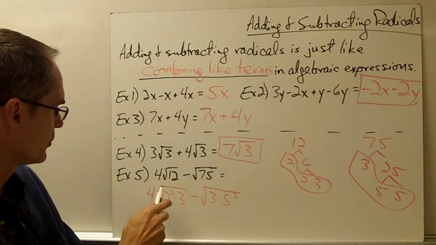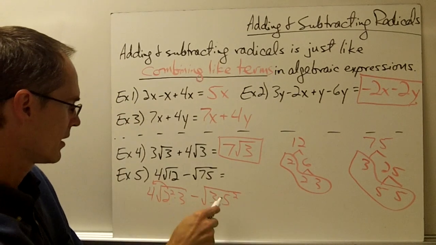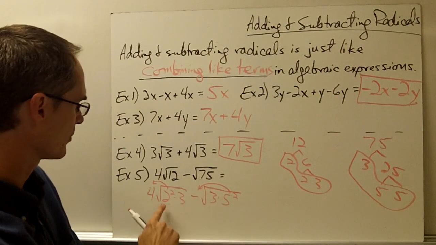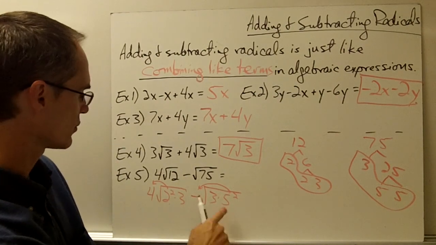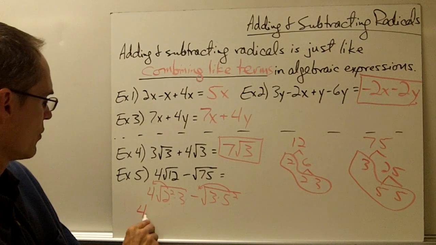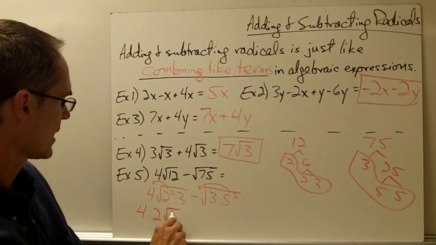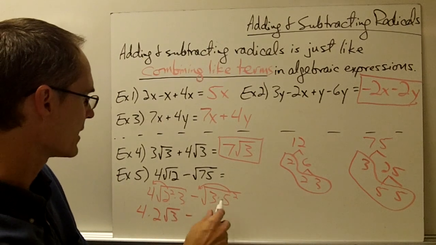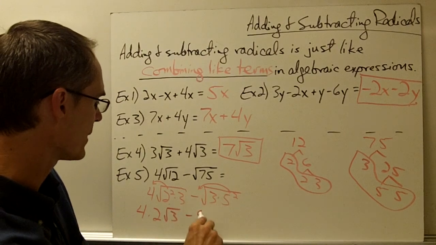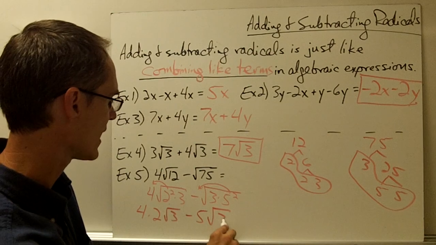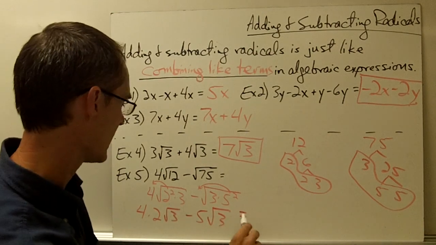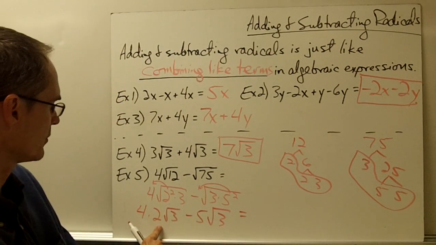So now I can pull this out and I can pull this out. I've got a perfect square term here and a perfect square term here. So that's going to give me 4 times, I pull out that 2, times the square root of 3, minus, I pull that 5 squared out, that becomes a 5, 5 times the square root of 3. And now I can see 4 times 2, I can multiply those together.